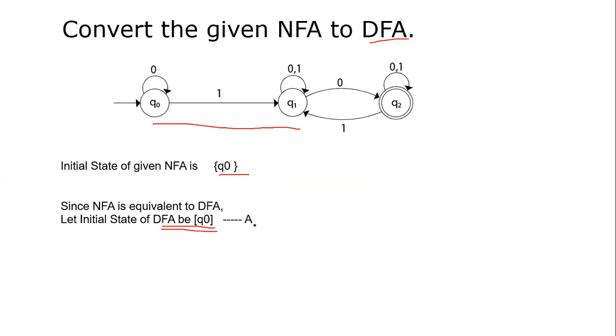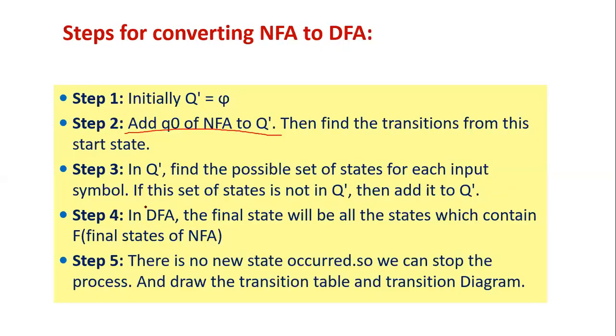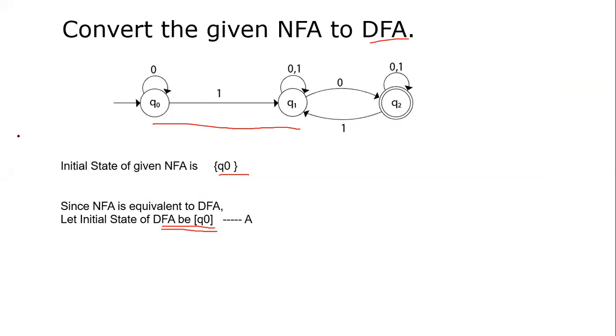What's the next step? Now my DFA has only one state, that is Q0. The next step is to find the possible set of states for each input symbol. How many input symbols do we have here?